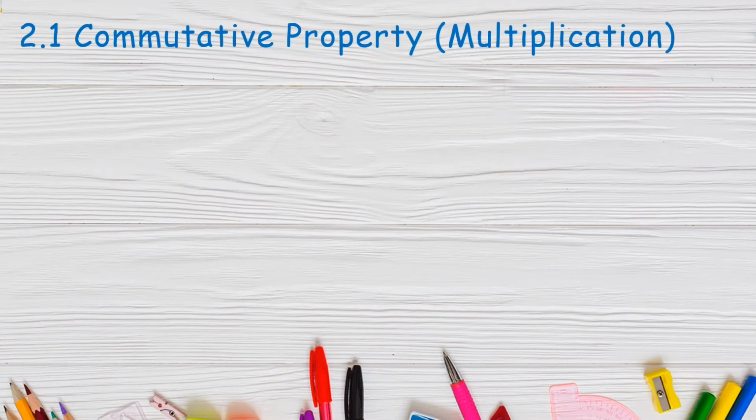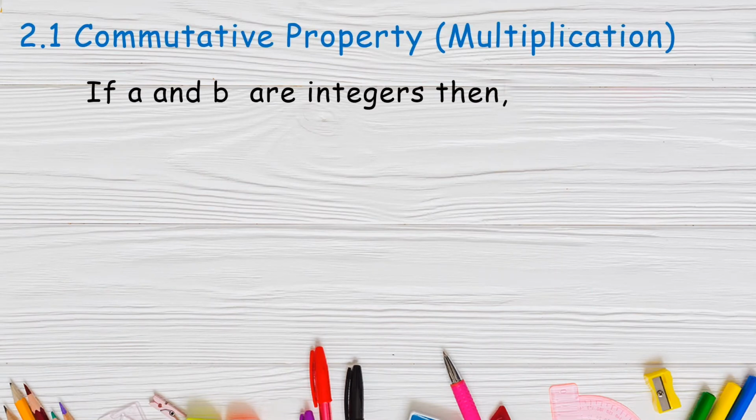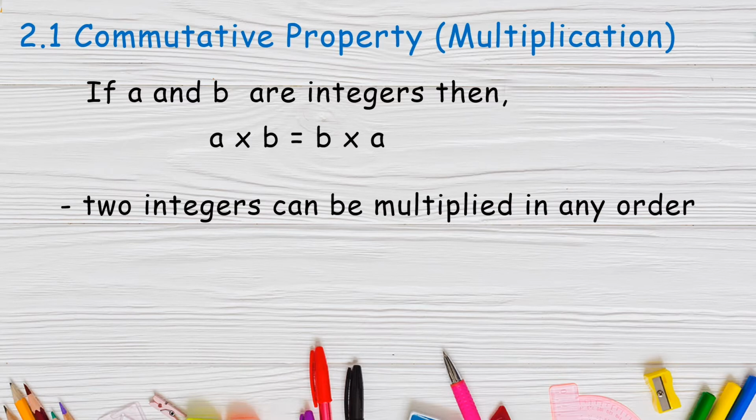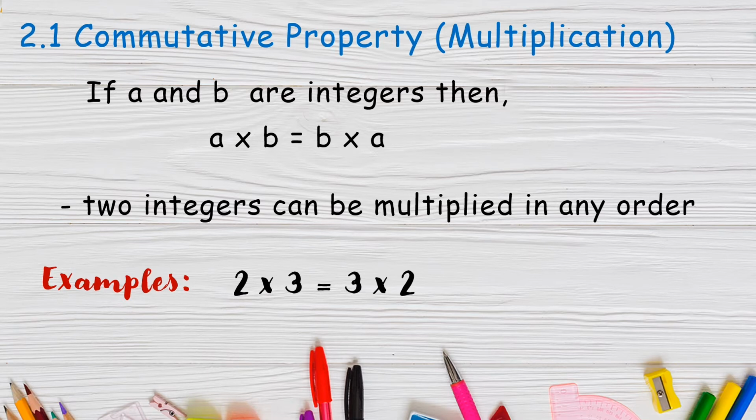Commutative property of multiplication. If a and b are integers, then a times b equals b times a. Similarly, the commutative property of multiplication says two integers can be multiplied in any order. Examples: 2 times 3 is equal to 3 times 2. If we multiply 2 and 3, we have 6.